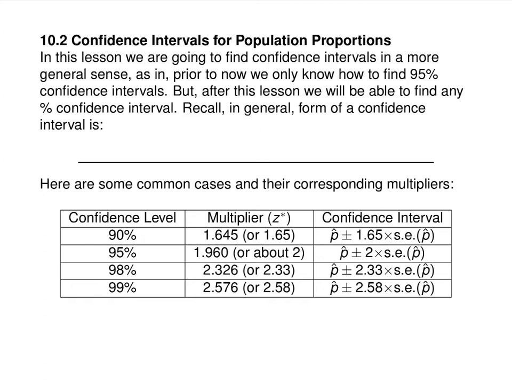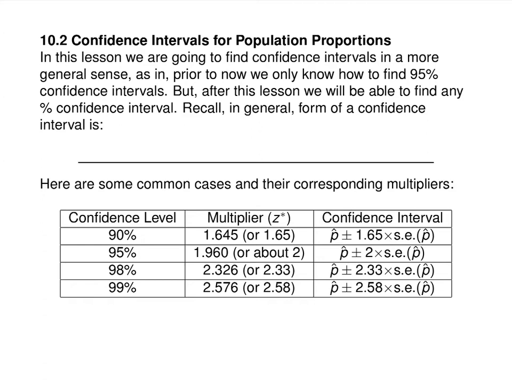Okay, confidence intervals for population proportions. So in this lesson, we're going to find confidence intervals in a more general sense, as prior to now, we only know how to find a 95% confidence interval, but after this lesson, we will find any percent confidence interval that we want.